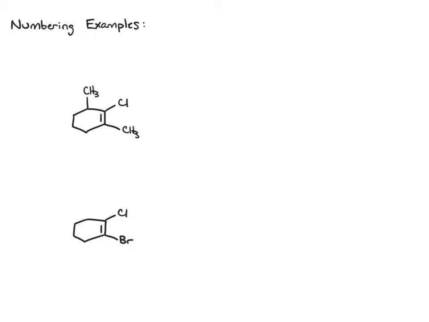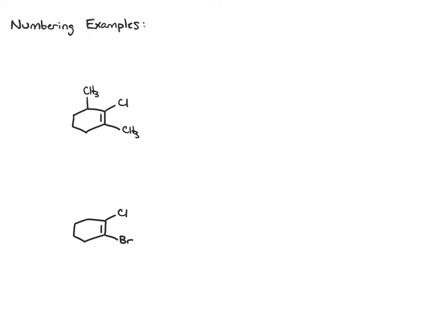Let's look at a couple other examples in terms of numbering, just to make sure we can pick which carbon should be carbon 1. Now in this case we have the alkene, but now we have a substituent on each carbon of the alkene. So now, because we can't pick one over the other because of a substituent, we're back to saying, well, make one carbon 1, one carbon 2, and then number to give the lowest substituent numbering.